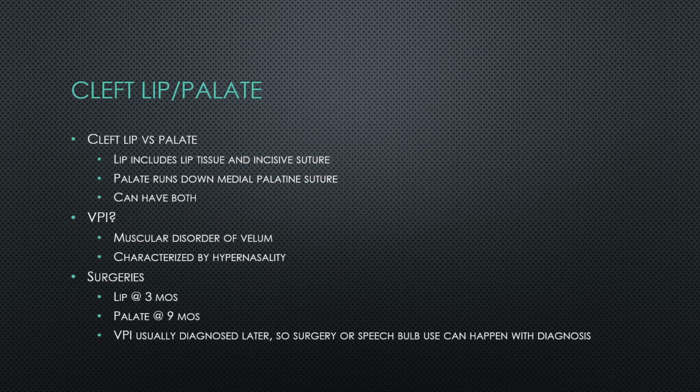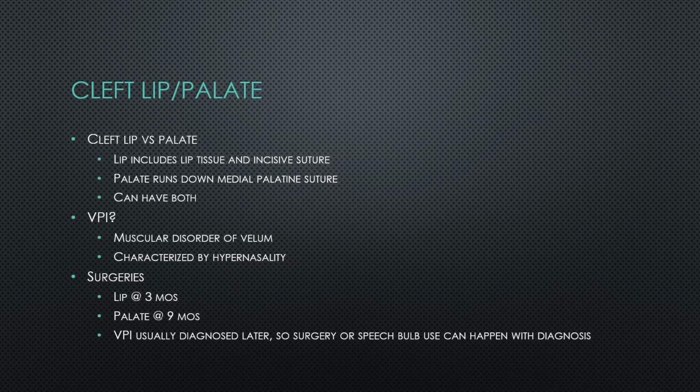Okay, cleft lip and palate. This is not in the other video, so we definitely need to talk about this. So cleft lip versus cleft palate. Cleft lip includes the lip tissue and also the incisive suture of the maxilla. Cleft palate is just going to run down the medial palatine suture, which is the middle of the roof of your mouth, up into the nasal passage.